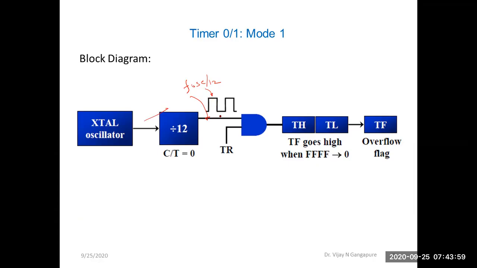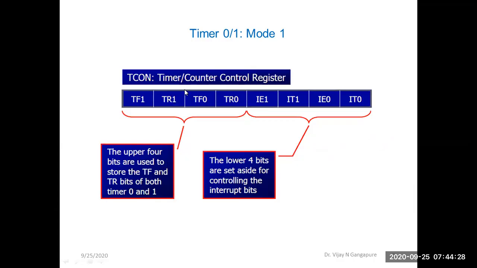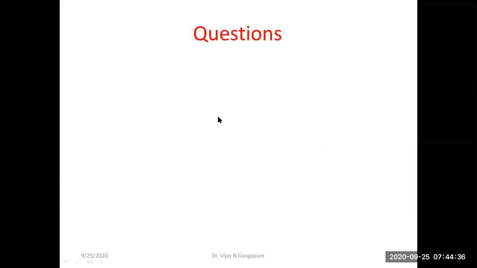They are applied at one input of this AND gate, and the other input of this AND gate is the TR bit, either TR0 or TR1. TR0 is for timer 0 and TR1 is for timer 1, and these bits are in the second control register of timer 0 or timer 1, that is TCON, the timer control register. So this is TR0, sorry.